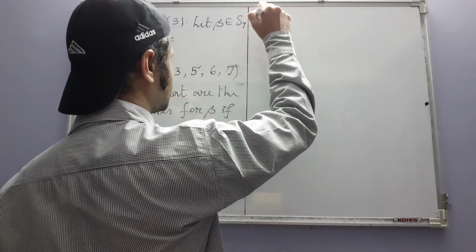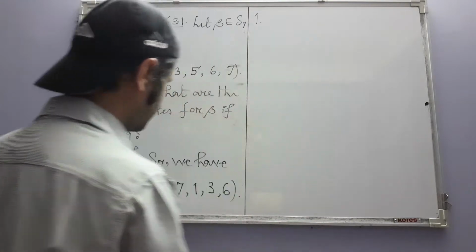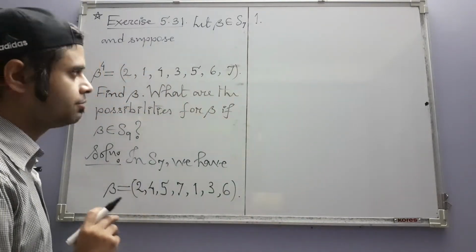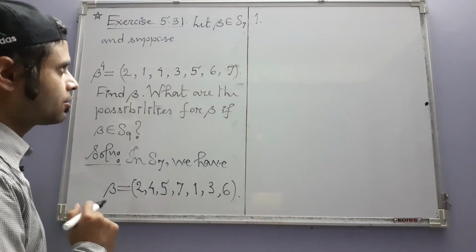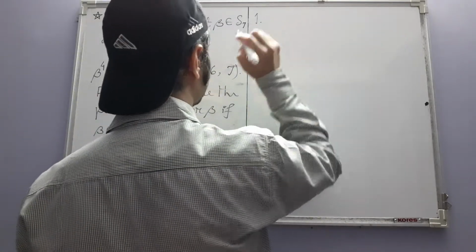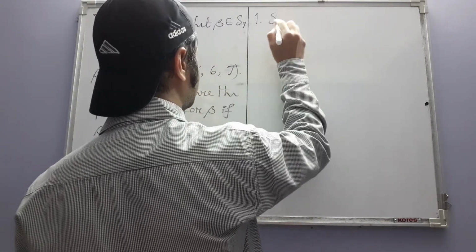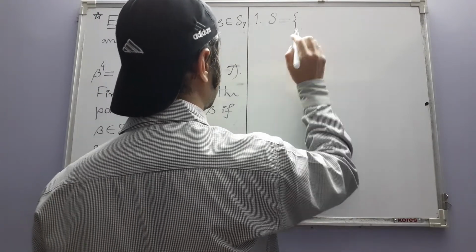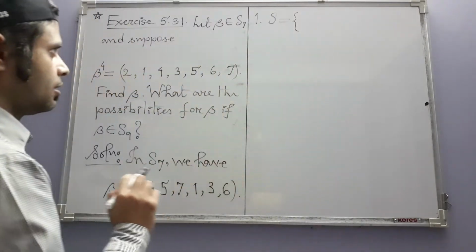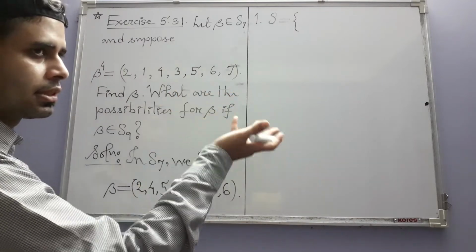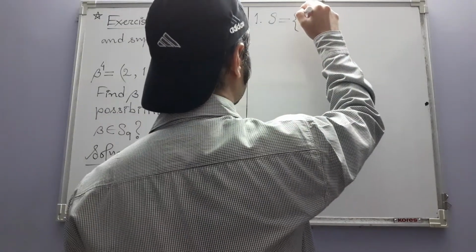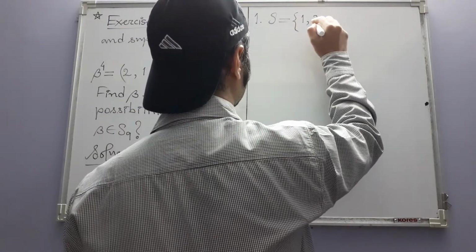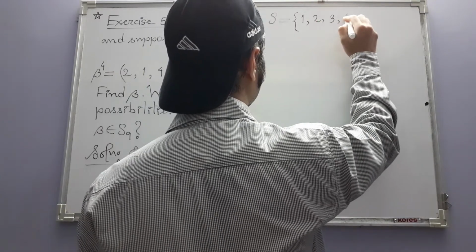We have to argue logically, and then only we can say, okay, this is the only possibility for beta. So the first observation here is this: because we are working in S7, all the permutations we are dealing with are permutations on this set of 7 symbols. So let us consider that set.